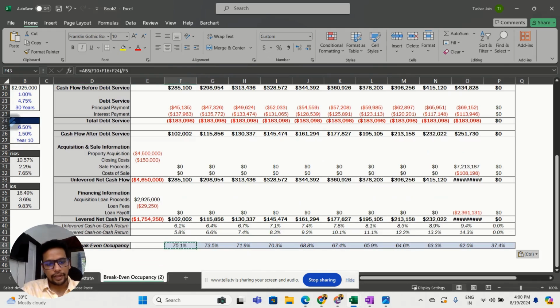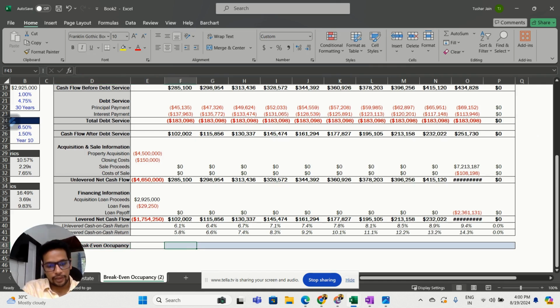Now we want to calculate the break-even levels for this property. As we have discussed earlier, the break-even occupancy rate is the occupancy we should at least have in order to be profitable in the business.